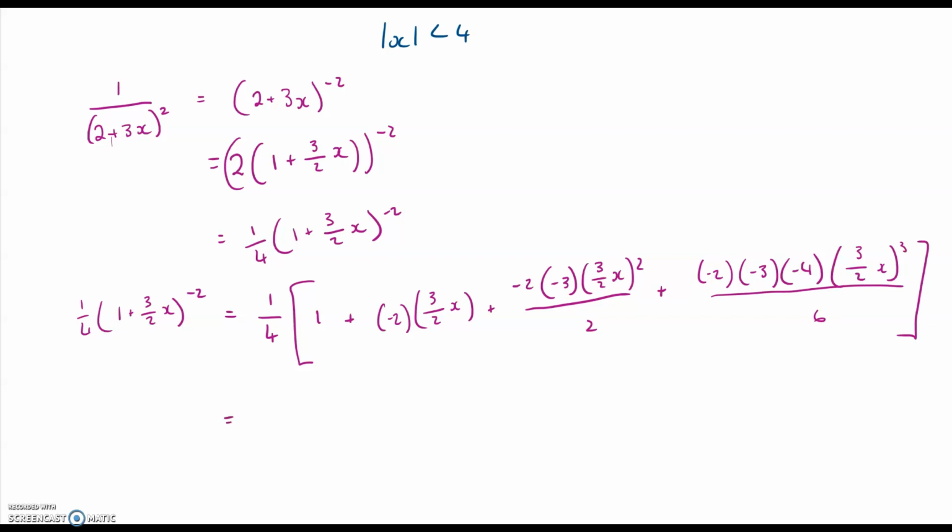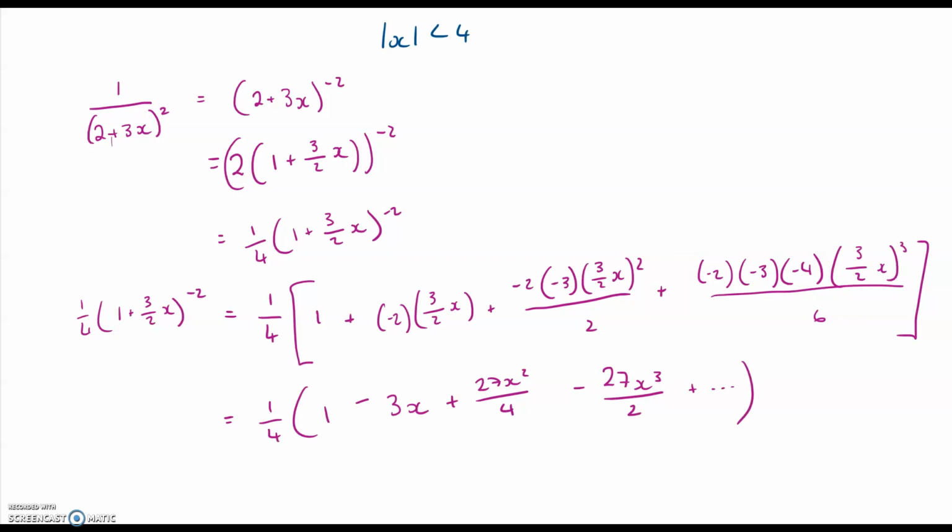Now to simplify this, we're going to end up with 1 quarter, 1 minus 3x plus 27x squared on 4 minus 27x cubed on 2 plus etc. Okay, and again, that's just a simplification from all of that.